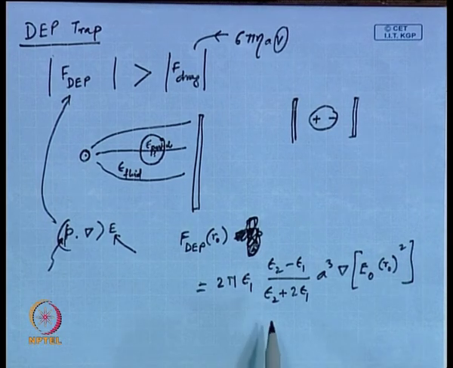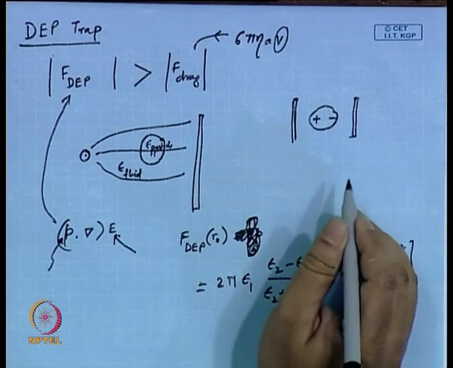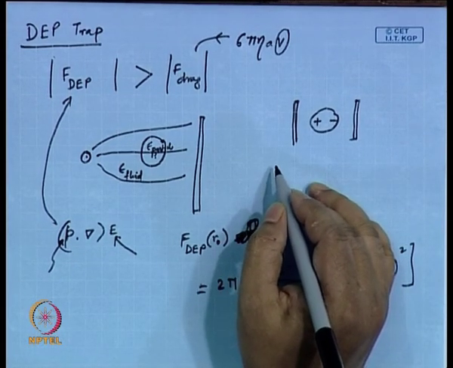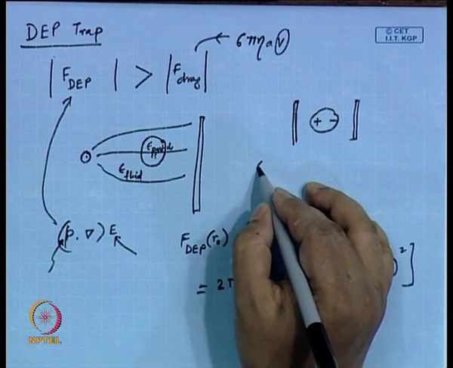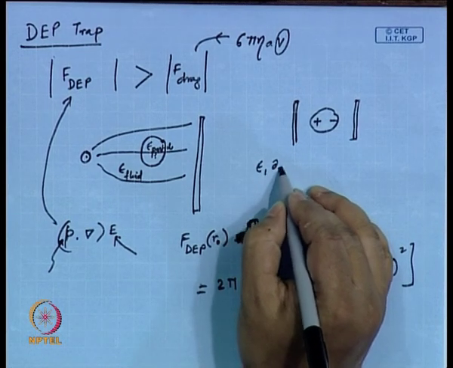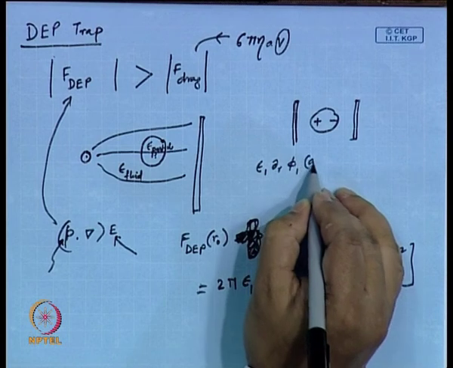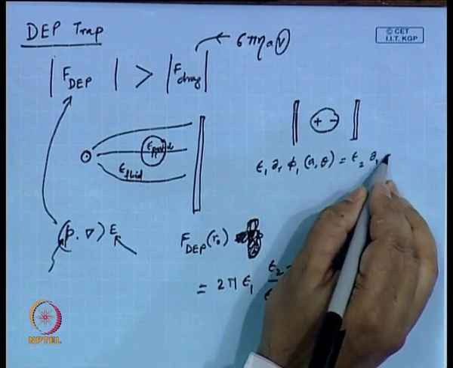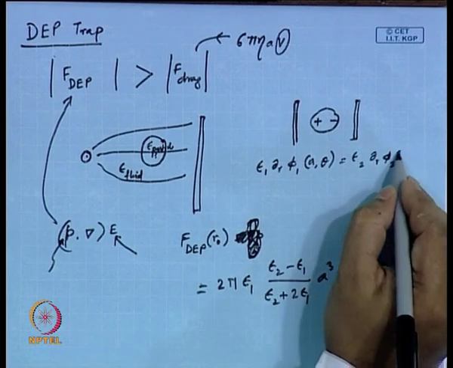Now, you remember what these epsilon 2 and epsilon 1 are. Basically, one epsilon is for the particle, the other epsilon is for the fluid. If you go back to the notes of the last class, we had equated the continuity in epsilon 1 del r phi 1 a theta with epsilon 2 del r phi 2 a theta.